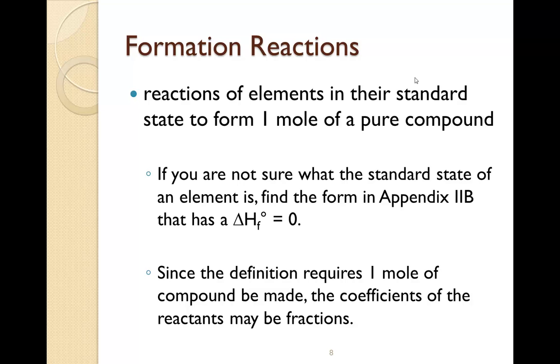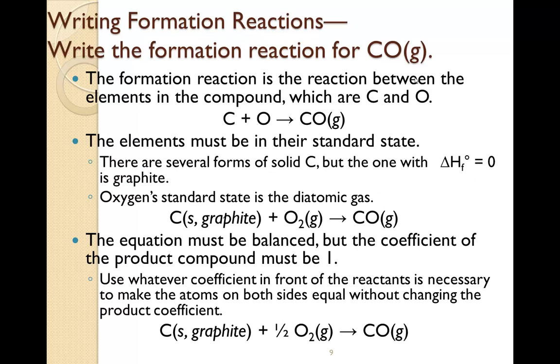So for instance, the formation of carbon monoxide is carbon and oxygen are the elements that make it up. However, we need everything in a 0 formation, delta H of 0. If you look up carbon, carbon has 2 states. It could be diamond, or it could be graphite.